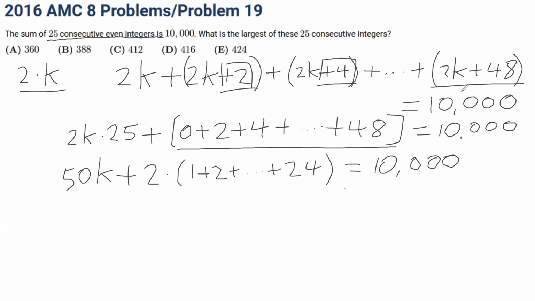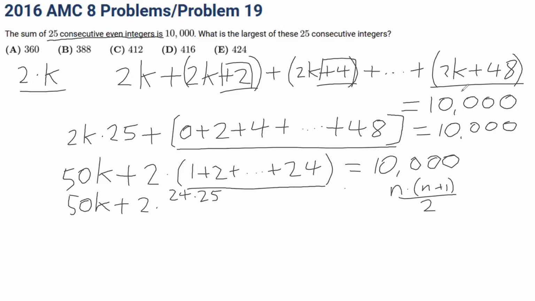And if you remember, we had a formula a couple slides ago that gave us the answer to this. And that formula was n times n plus 1 over 2. And n here is 24. So we would have 50k plus 2 times 24 times 25 over 2 is equal to 10,000.